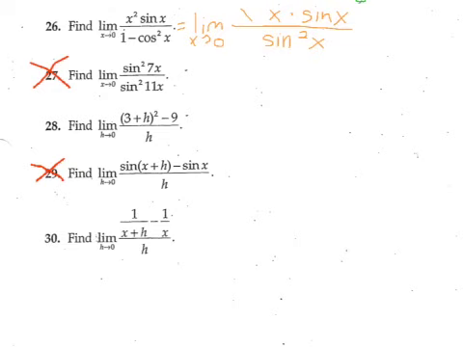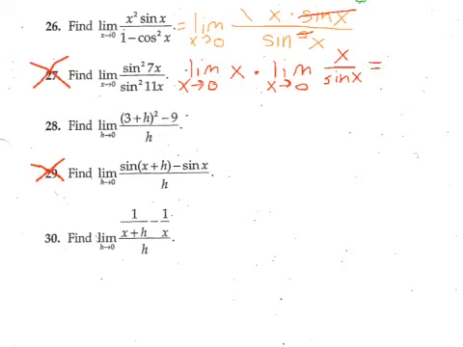Now we can cancel a sine x with the sine squared x and just leave it as a sine x. And we can rewrite this as the limit as x approaches 0 of x times the limit as x approaches 0 of x over sine x. So now we have our theorem, and the limit as x approaches 0 of x is 0. So we have 0 times 1, which equals 0.